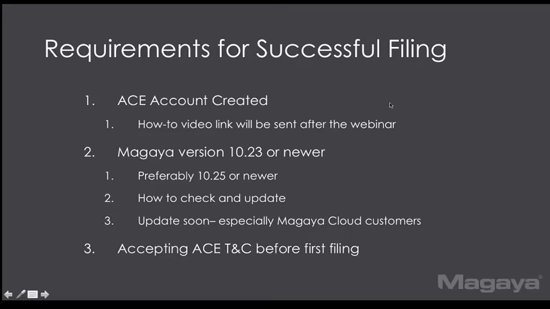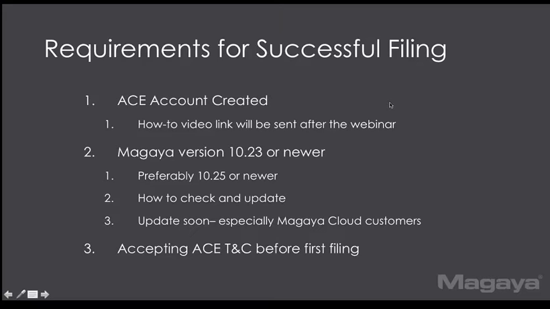And I will show you in a minute how to check what your version is. If it is lower than 10.25, or especially if it's lower than 10.23, I urge you to update your version. And for those of you that are Magaya Cloud customers, you will need our tech support's help to update. So again, I suggest starting that process fairly soon to avoid any unnecessary backlogs and delays due to those.